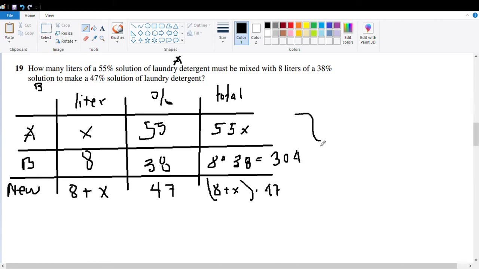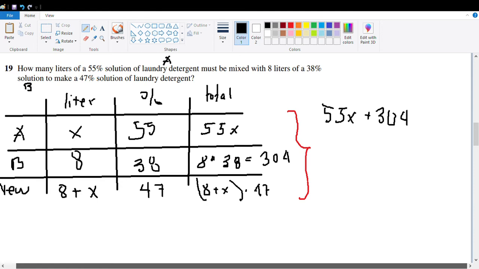So that means, let me write that in a different color, 55x plus 304 is equal to 8 plus x times 47.